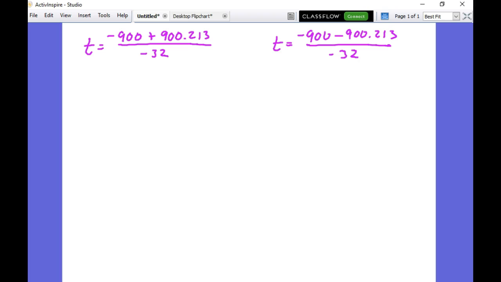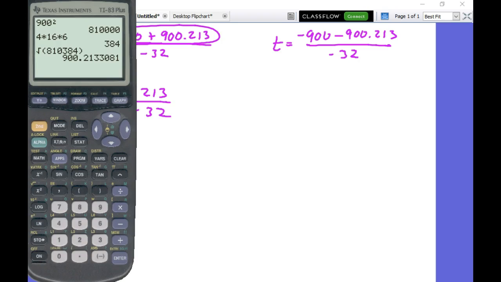All right, so we're going to go ahead and add these together. That's going to end up being 0.213 over negative 32. And that's going to be some very tiny number. Negative 32.